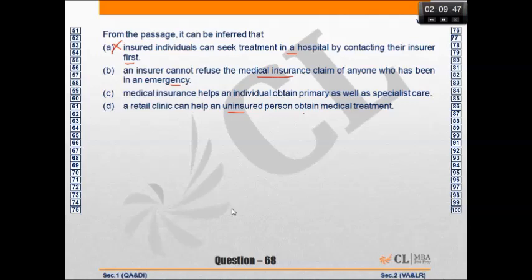Insurer cannot refuse: I don't think I can infer this from anywhere, so this should not be the answer. Medical insurance helps an individual obtain primary as well as specialist care. This is definitely there. Retail clinic was only for minor conditions. So most probably C is the answer. Medical insurance can help an individual obtain primary as well as specialist care. Yes, because they don't have to pay for it.